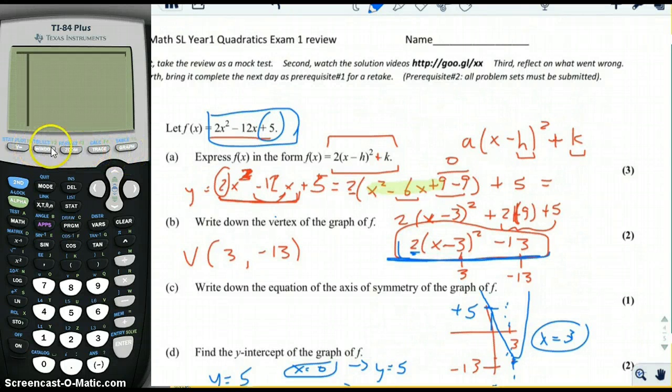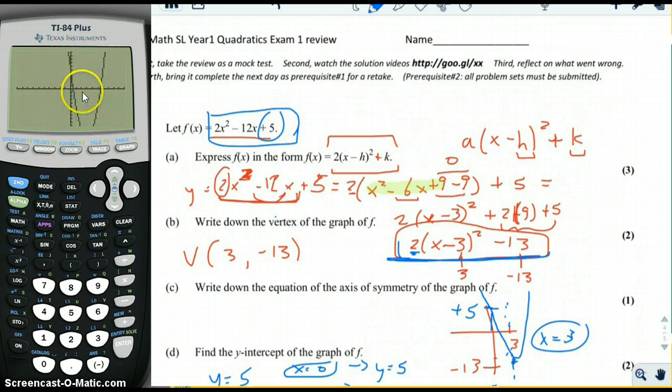And we need to adjust the zoom. First thing, when you have a parabola that doesn't appear, you can put it on zoom standard, number 6 here. And it'll make a negative 10 to 10, negative 10 to 10 square here. And we'll see if that is good enough. Doesn't seem to show up.